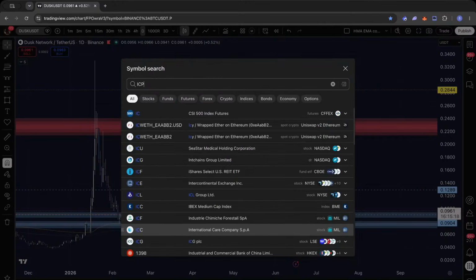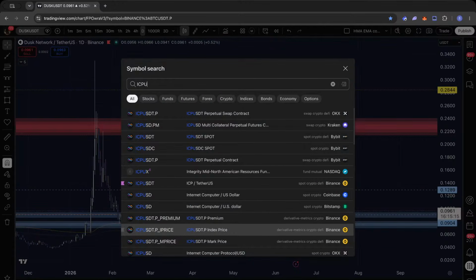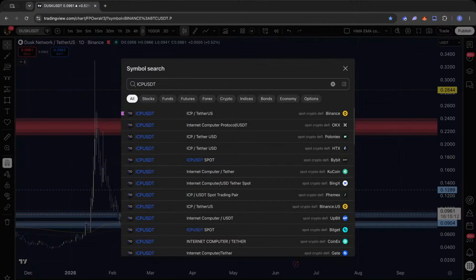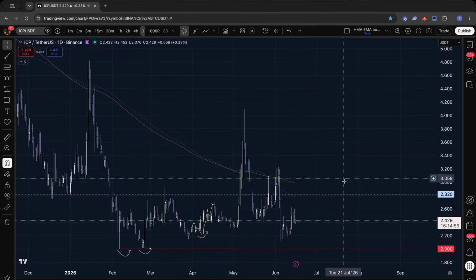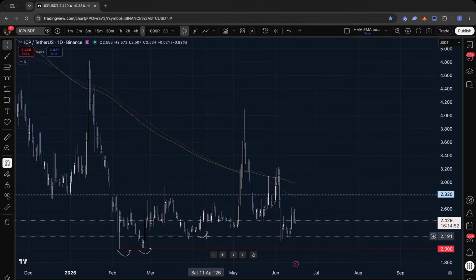All right, ICP. Let's check it out. Well, ICP, I still have an issue with those equal lows, honestly. Too many eyes on it, and I just don't think that a shitcoin will just leave the equal lows like that.